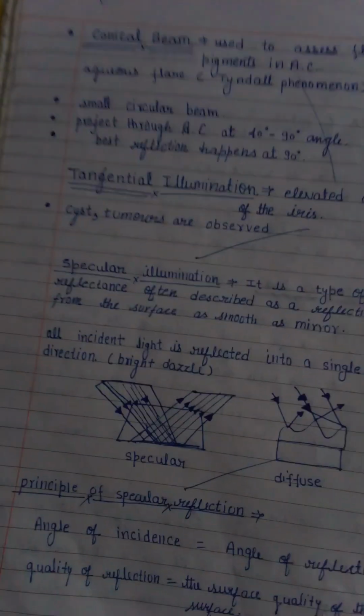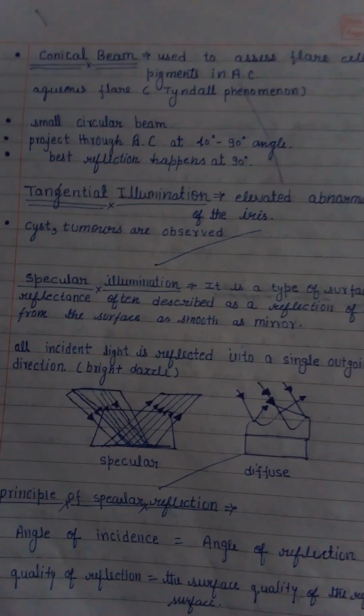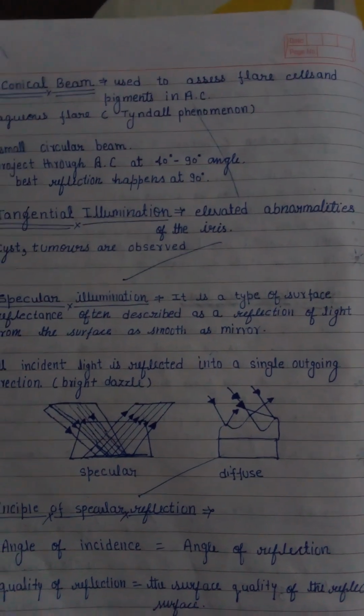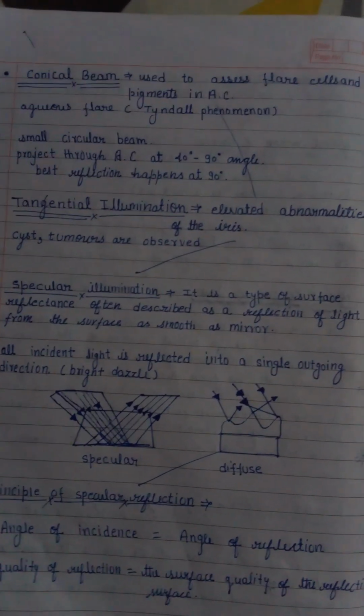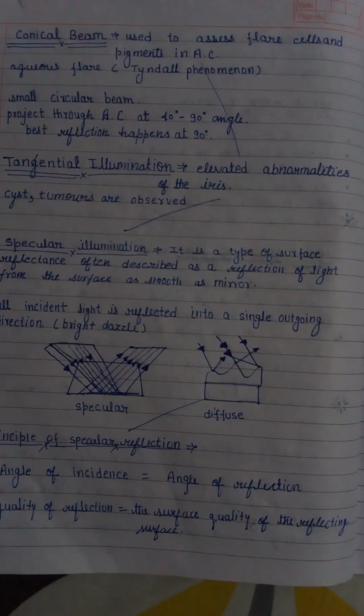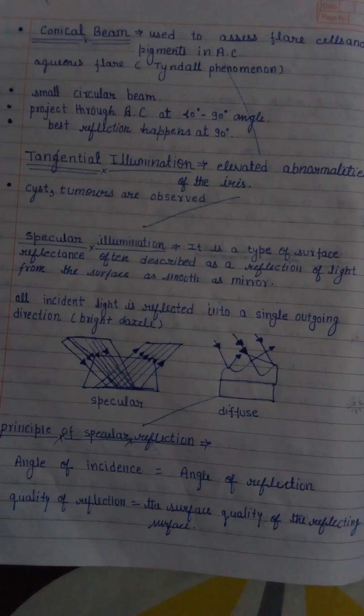Now we will discuss the conical beam. The conical beam is a round, circular beam used to assess the flare and cells, pigments in the anterior chamber.